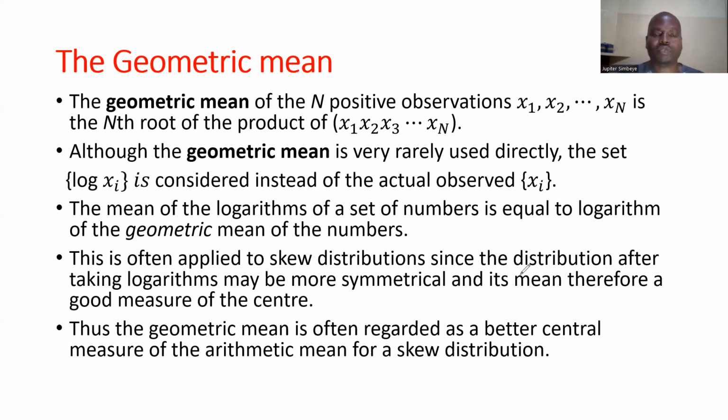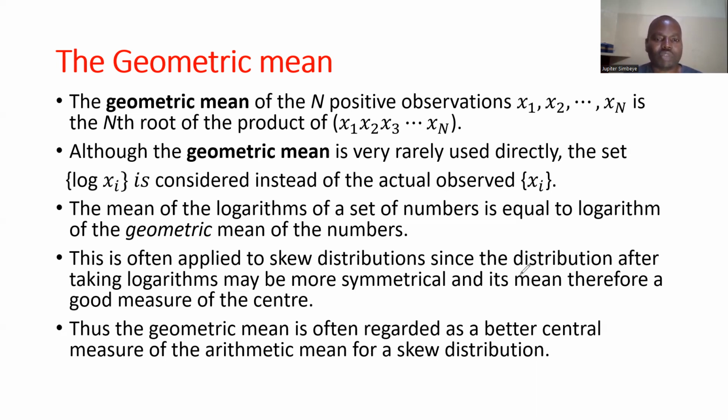So far, we haven't yet tackled skew distributions. I think when we are going to look at quantities like skewness and kurtosis, then you will appreciate what a skew distribution looks like. And at that time, you would appreciate why taking the log of the observations would make sense before obtaining the mean, rather than obtaining the mean directly.